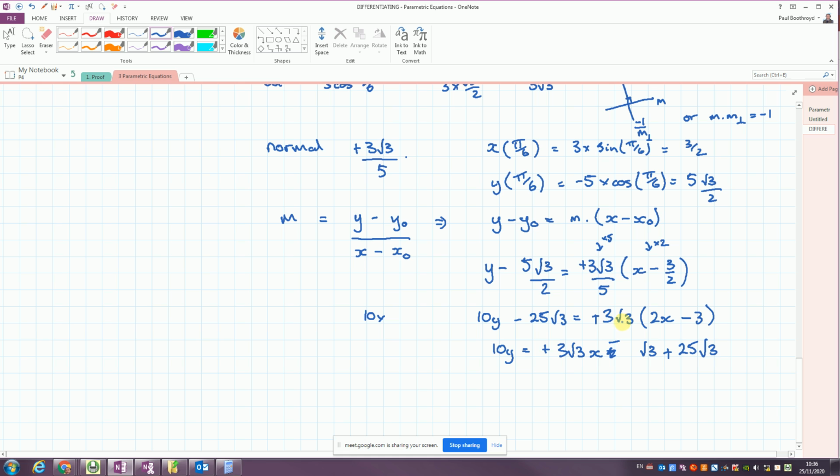This is 3 root 3. 6 root 3 and minus 9 simplifies to 6 root 3x plus 16 root 3, and then they divided through by 2. 5y is 3 root 3x plus 8 root 3. Okay, that's how you get down to their answer.